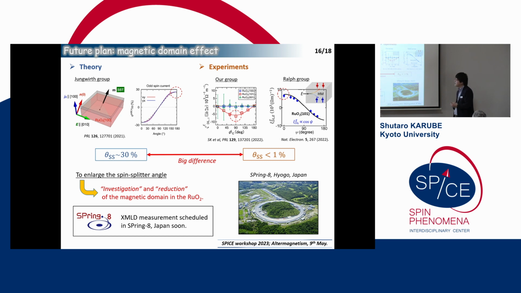So there is a big difference. To enlarge the spin splitter angle, we have to investigate the magnetic domain size and the reduction of the domains in the ruthenium oxide. As for the investigation, we have a schedule to do XMLD measurements at SPring-8 in this fiscal year. SPring-8 is in Hyogo Prefecture in Japan.